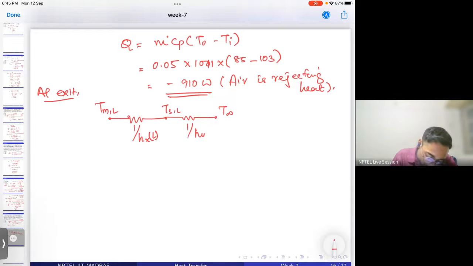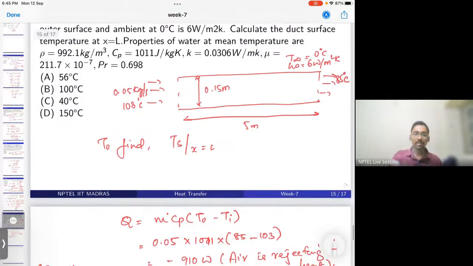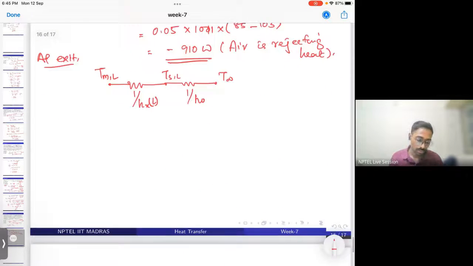This is 1 by h_o, the outer surface. This h_o is given. It is fixed. That is the heat transfer coefficient at the outer surface of the ambient, which is 6 watts per meter square Kelvin.